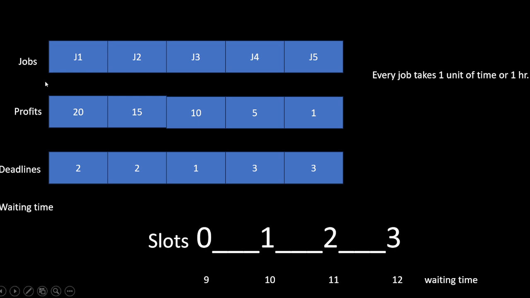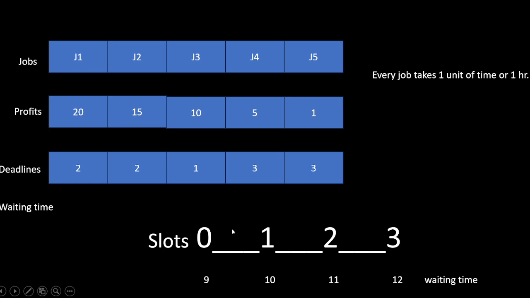J1 is the first job, which has a profit of 20. It has a deadline of 2 units of time, which can be considered as hours. That means it can wait until 2 hours. So you can check the first hour and the second hour. It can finish the job in 1 unit of time, but it can wait until 2 hours. So you can place J1 in your second slot.